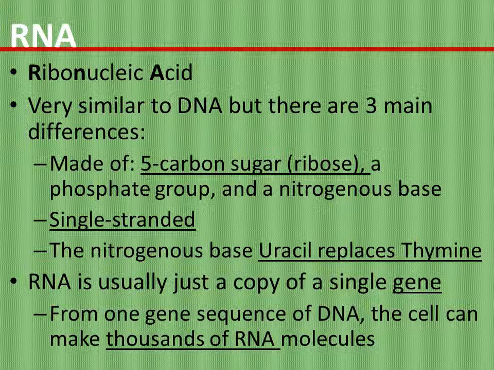So instead of taking that DNA and using it and only making one protein at a time, you can essentially make thousands of copies of it and at the same time make thousands of proteins from that one DNA. So that's a benefit of it.